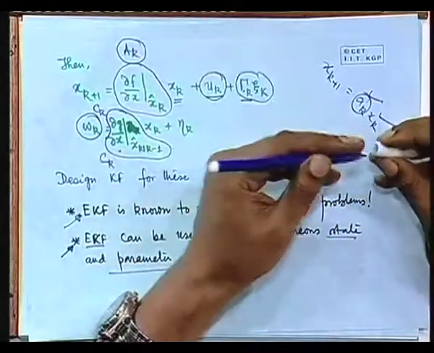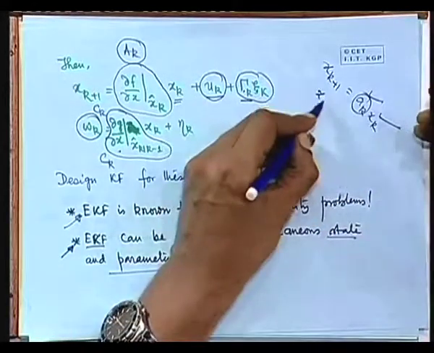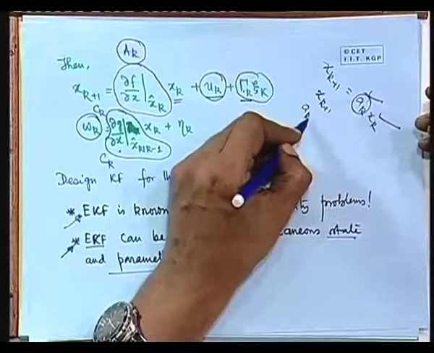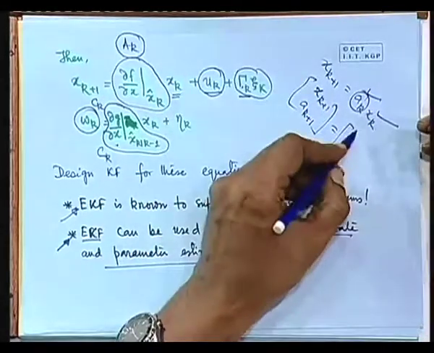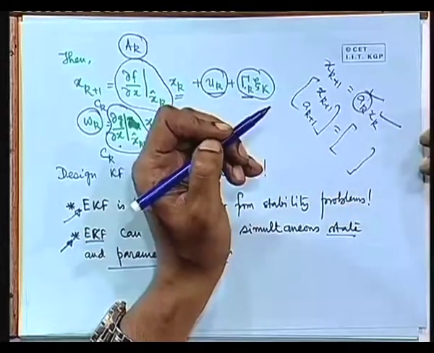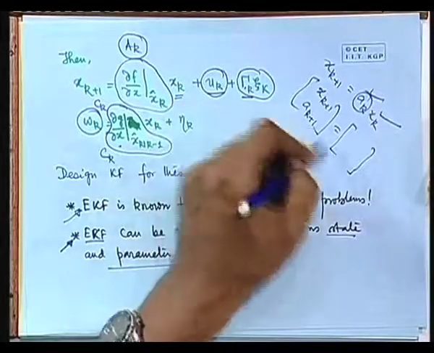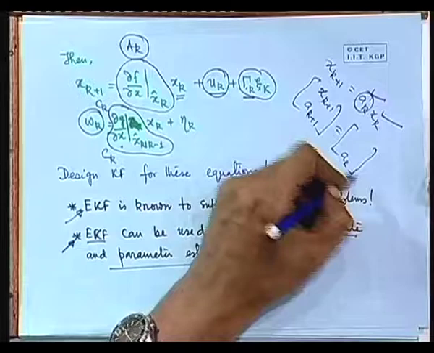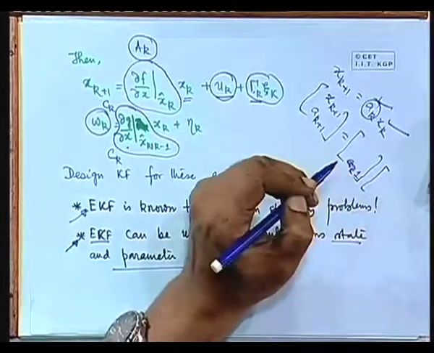In such cases you can use the extended Kalman filter and write that my states are x_{k+1} and a_{k+1}. How do I put a_{k+1}? You can write a_{k+1} = a_k, so this will be 1.